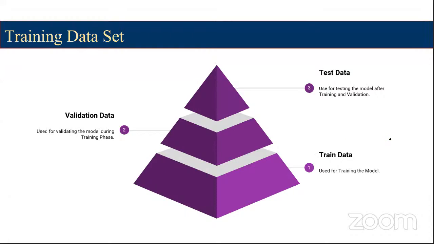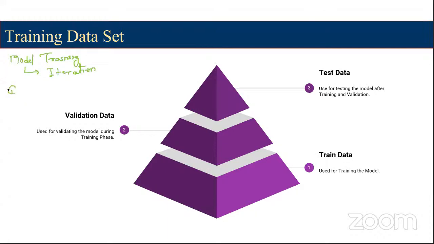Now many of you are asking, what is the difference between 3 and 2, or why we need this validation? When it comes to training a model, we train a model in iteration. So model training happens in iteration.